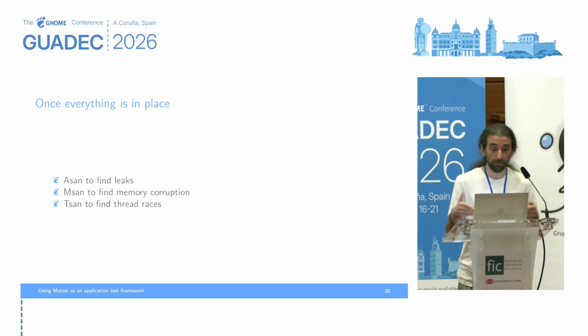And now you have something to have the CI do it for you. You can also run MSAN for memory corruption, or TSAN for thread race conditions.